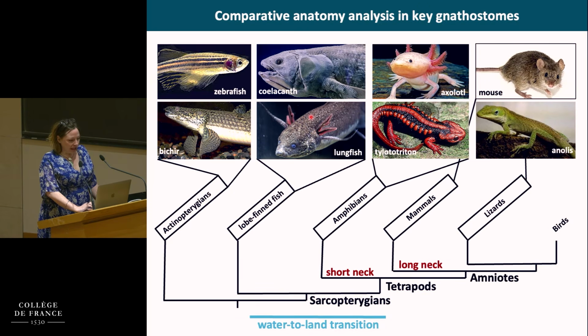We also included the coelacanth and the lungfish, both possessing lungs, that are two sarcopterygian fish that are known to be close relatives to tetrapods and who emerged during the water-to-land transition about 400 million years ago.